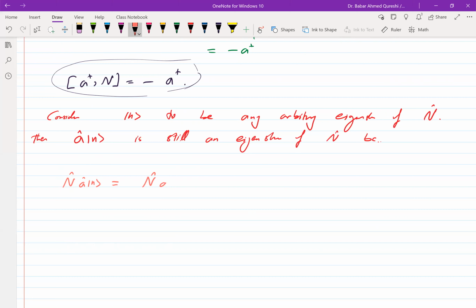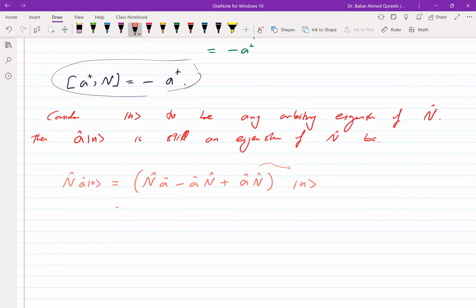So I write n hat A hat, subtract and add the reversed order. Now I know how this is going to act.